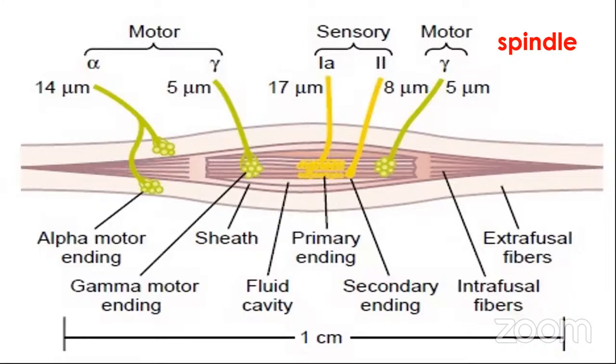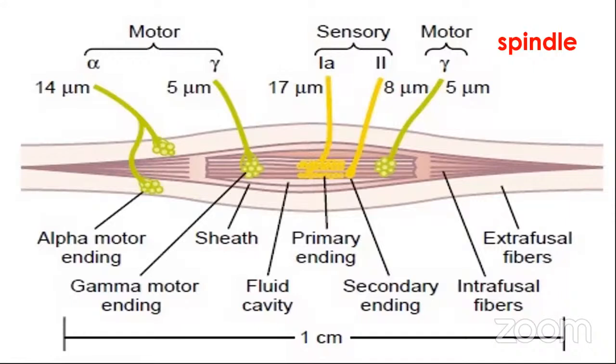The primary endings, that is, 1A and 2 sensory fibers, will innervate the contractile middle portion of the muscle spindle.